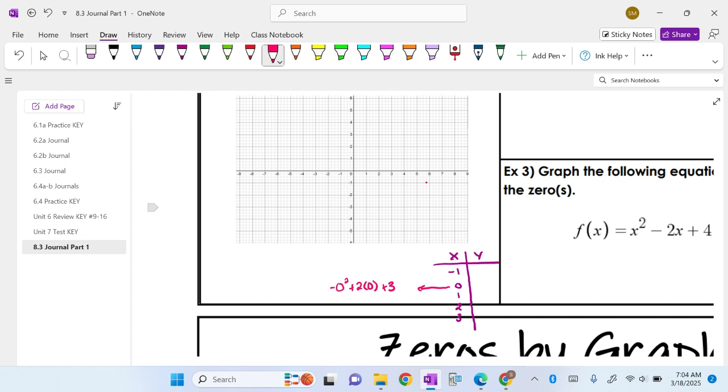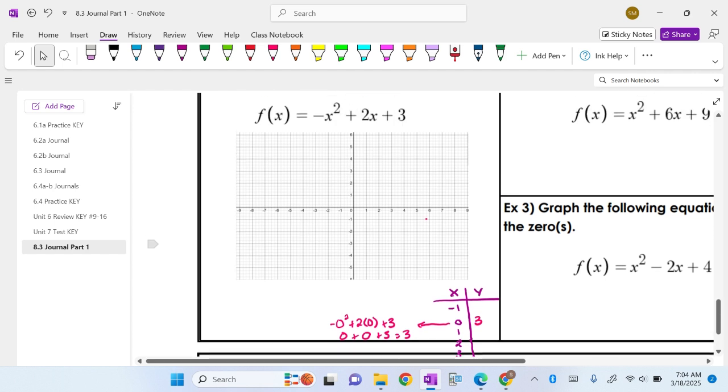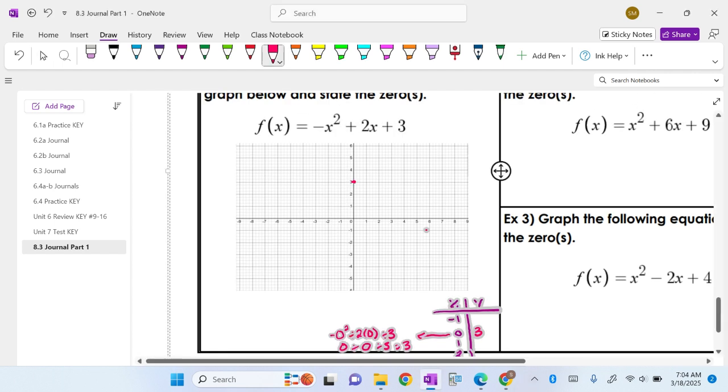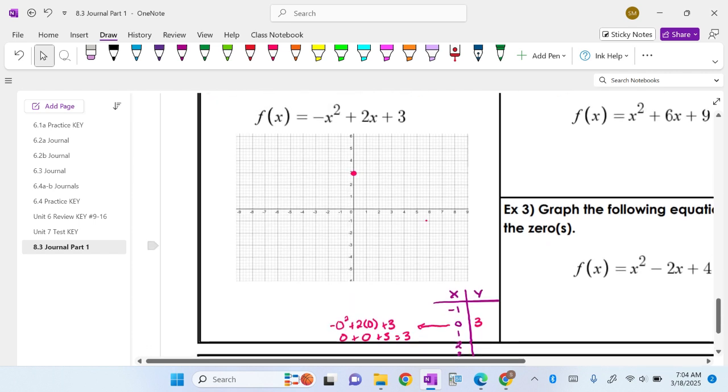And then I'm going to evaluate that. So 0 squared is 0, 2 times 0 is 0, plus 3. So my y value is 3. So this would be the point 0, 3. So if you were asked to find it by hand, that's how you would go about it.